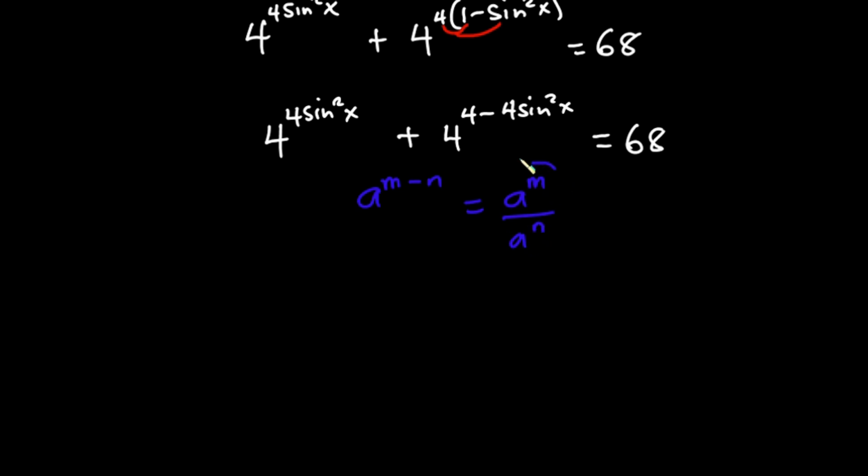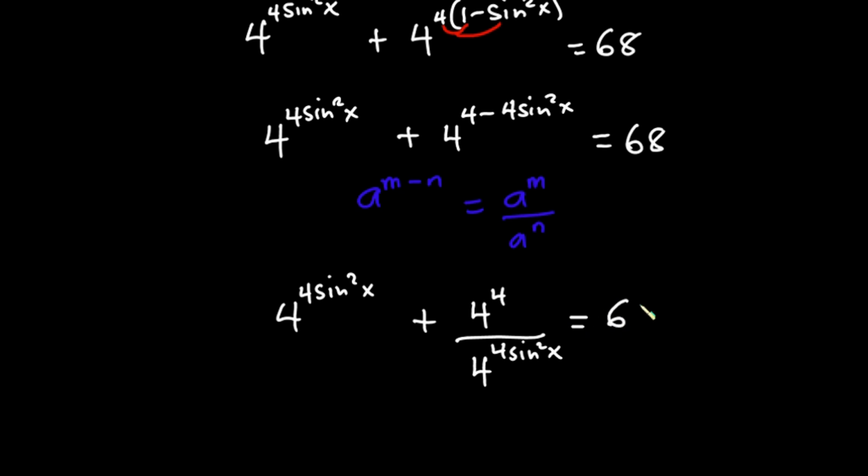So let's go ahead and apply this idea over here to this part, right? So we're going to have 4 to the power 4 sine squared x plus 4 to the power 4 divided by 4 to the power 4 sine squared x, and this is equal to 68.